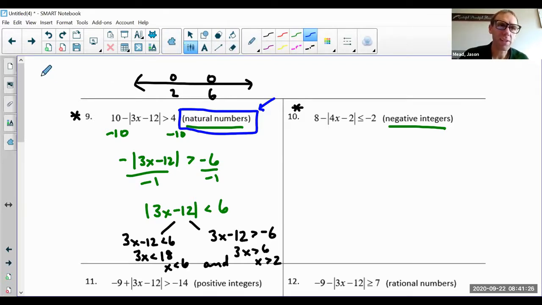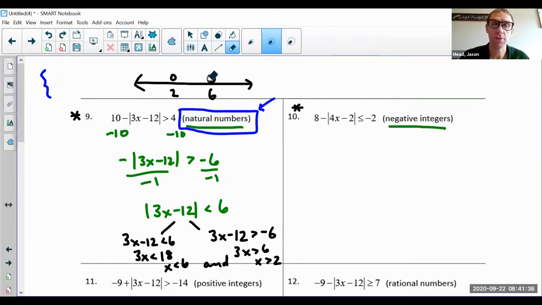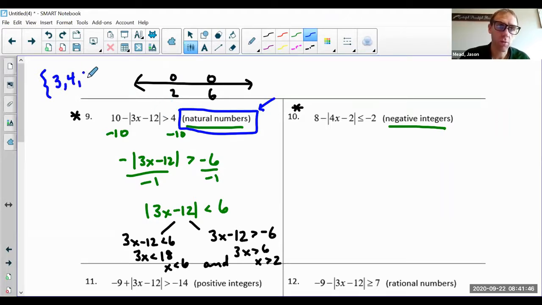So my answers are not every single number between 2 and 6, including all of the fractions and all the decimals and everything. I actually can't even include 2 or 6 because those have open circles. It's a strictly greater than or less than inequality. So my answers are just 3, 4, and 5.